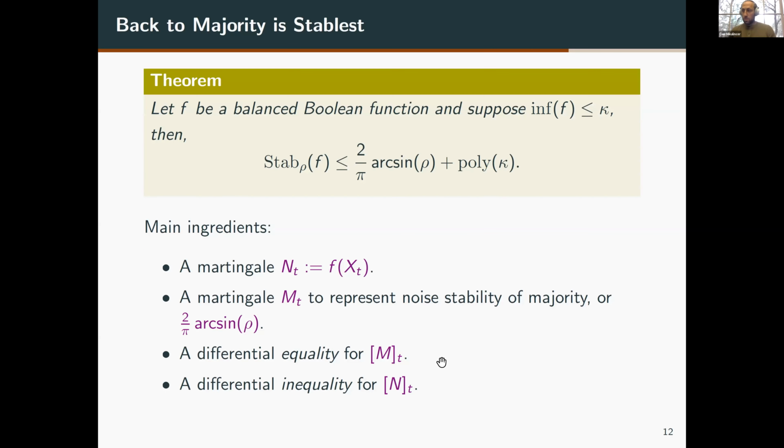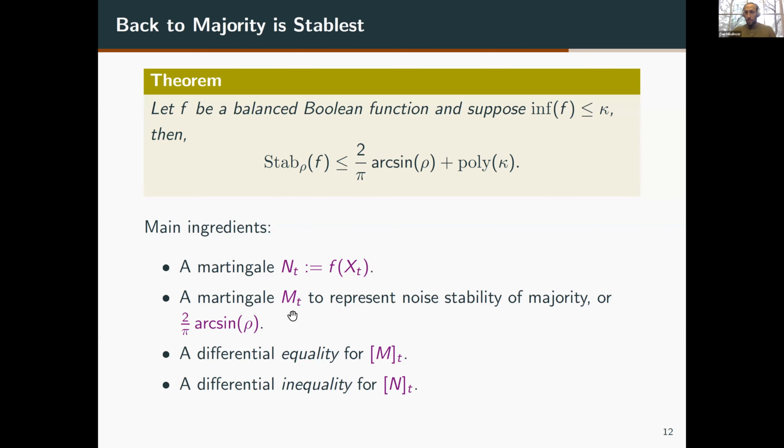So maybe to recap on what we have, we wanted to prove that majority is stablest, that the noise stability of f is smaller than basically the limit of the noise stability of majority plus some error term. And the main ingredients: we have a martingale Nt to represent the noise stability of f.